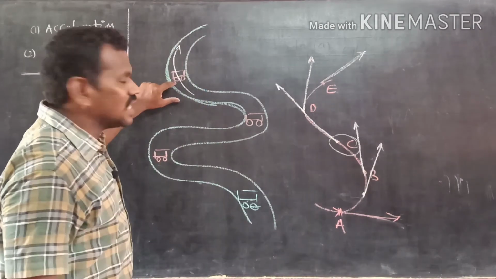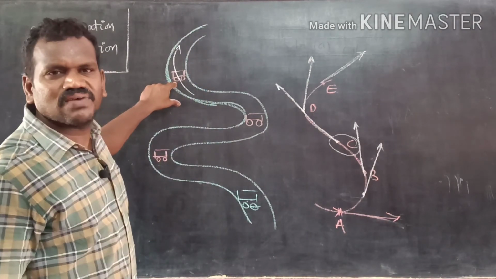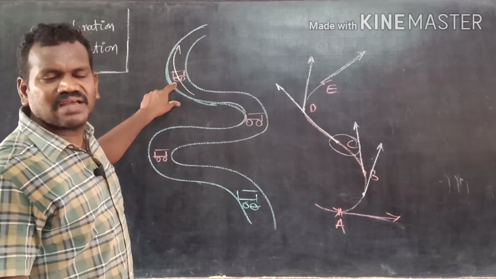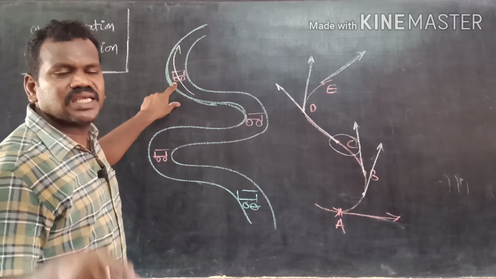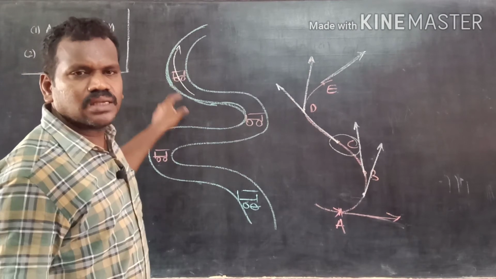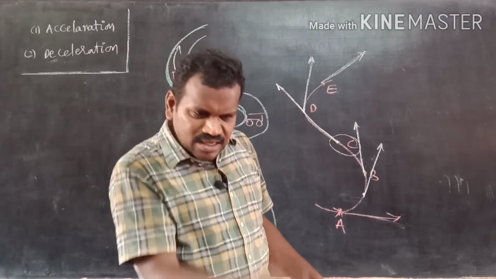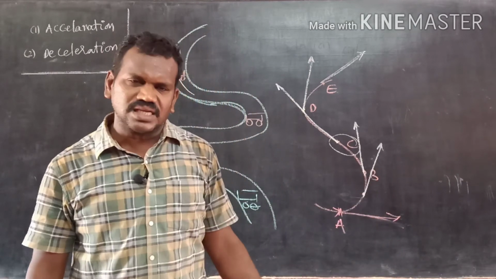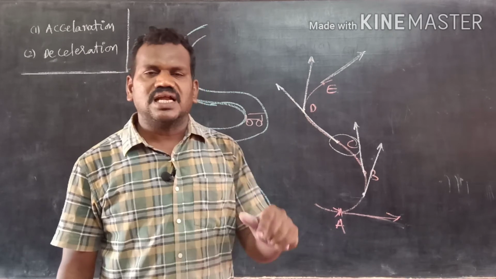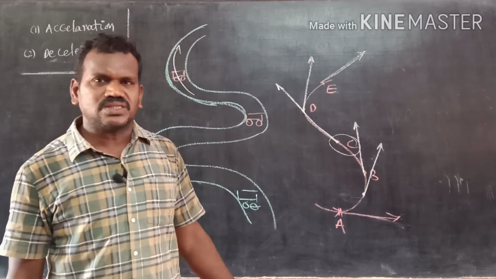Of course, the change in velocity may be less, but the driver will apply more force on the accelerator because of the height and because of gravity. The speed of the vehicle is less, but the driver will apply more acceleration.